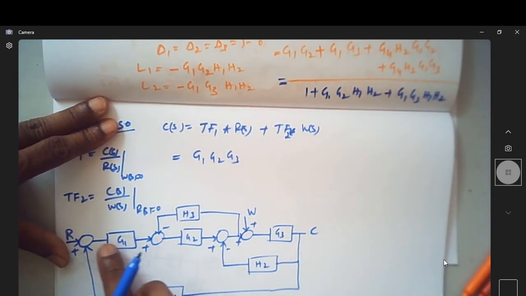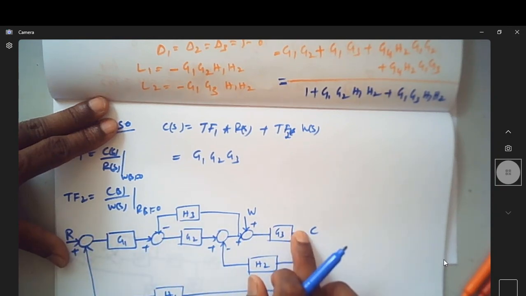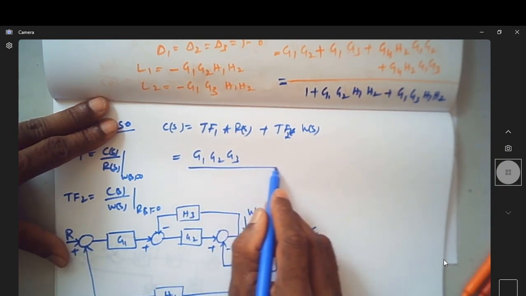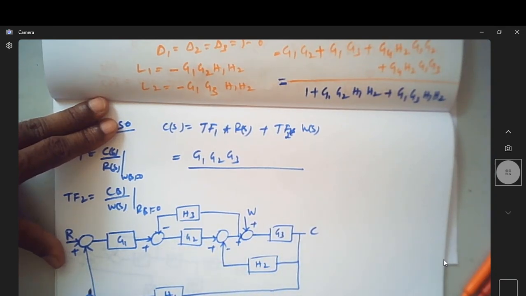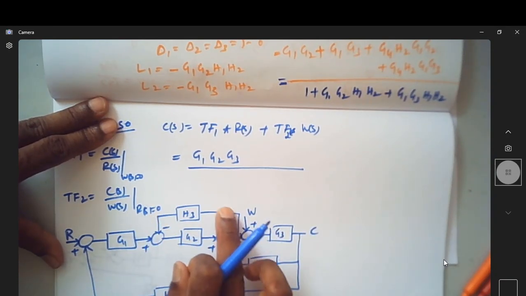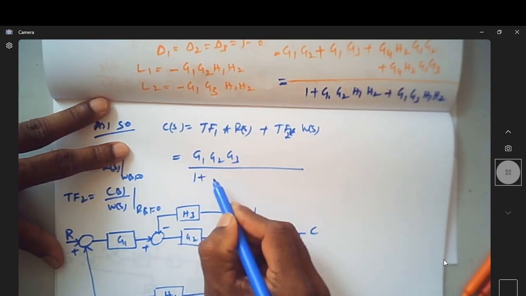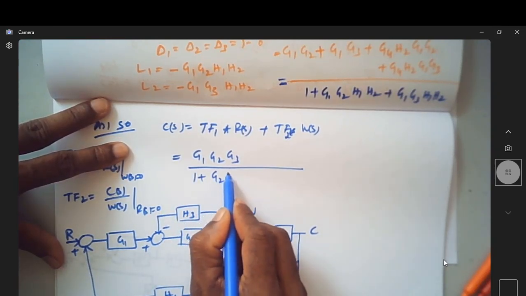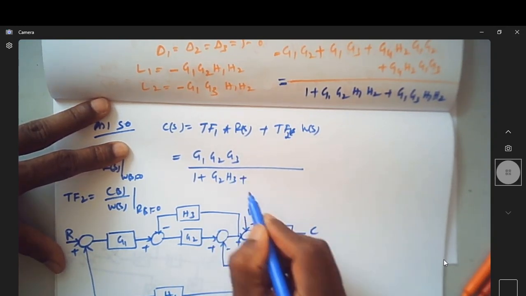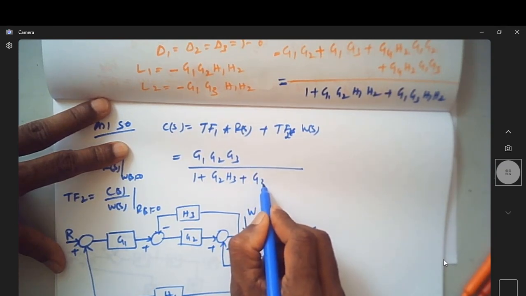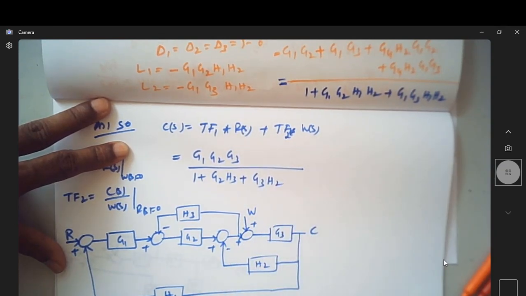and since you have only one forward path, the corresponding delta 1 will be 1. Then the loops. Can you see this is one loop, which is 1 plus G2H3. Can we see there is one more loop here? So this is one more loop, plus G3H2.